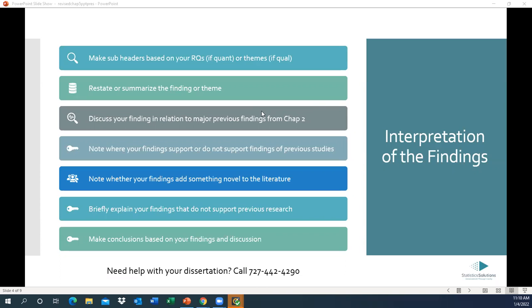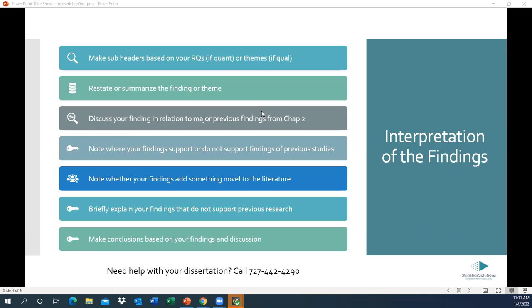So you wash, rinse, and repeat for the next RQ or the next theme. You just follow that kind of structure in this discussion section. So for research question 2, research question 3, or however many themes you have, just subsection them out by themes.